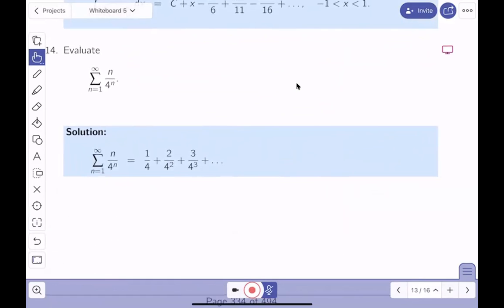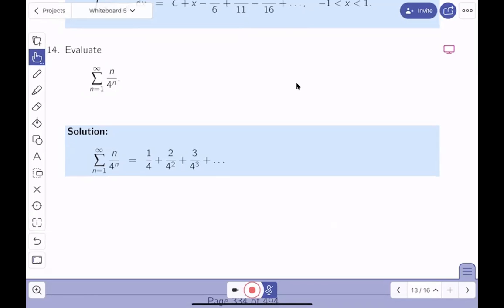All right. It says evaluate it. My one recommendation in evaluation is, you could certainly start adding things together, but I don't think that's the point of writing it down. The point of writing it down is maybe this thing's related to something we just did.